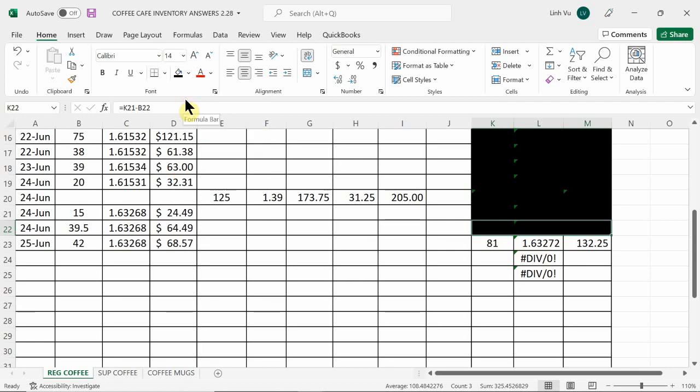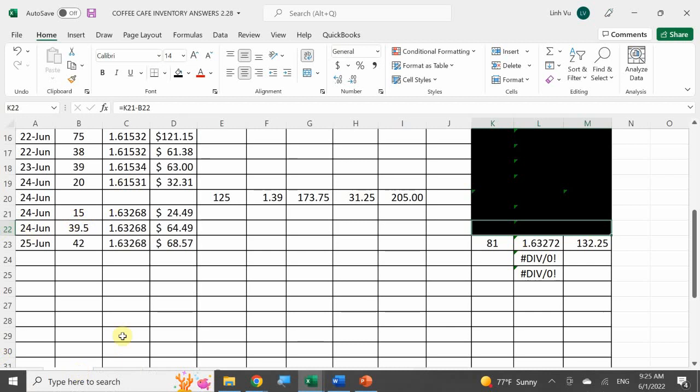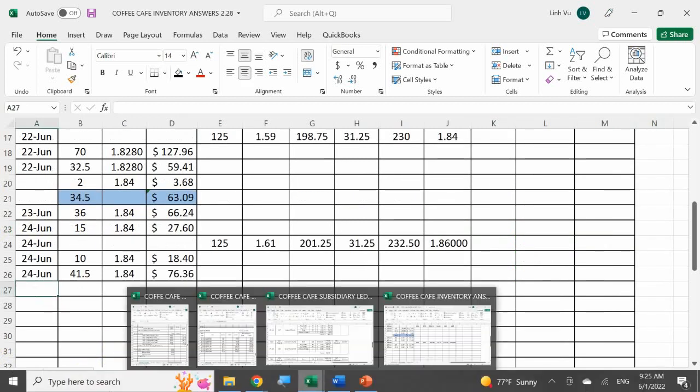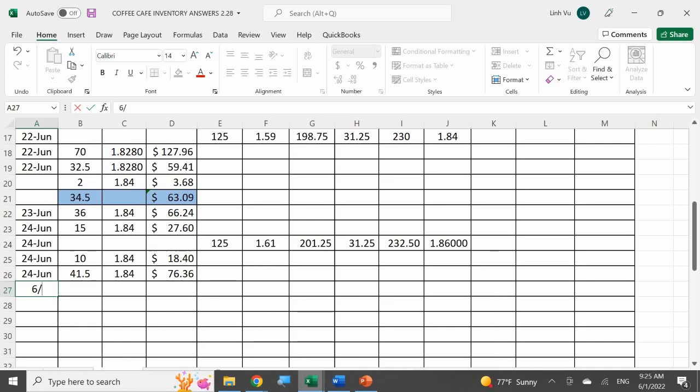So you have 81 pounds left at $132.25, and you have just used $68.57 worth of regular coffee. Let's go ahead and do the Supreme coffee, right?